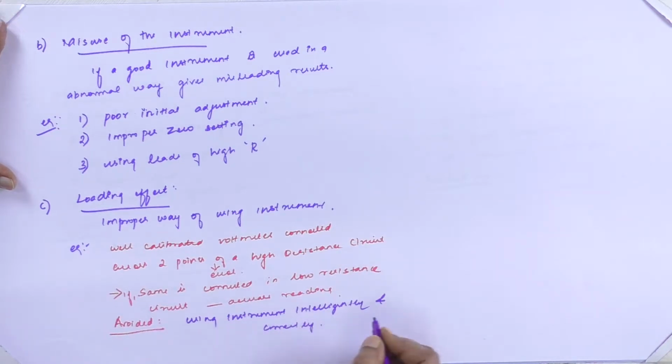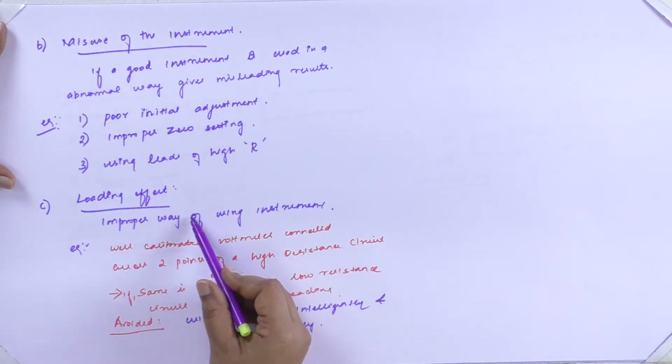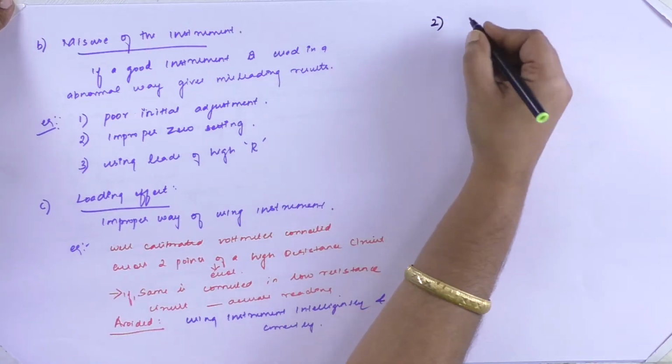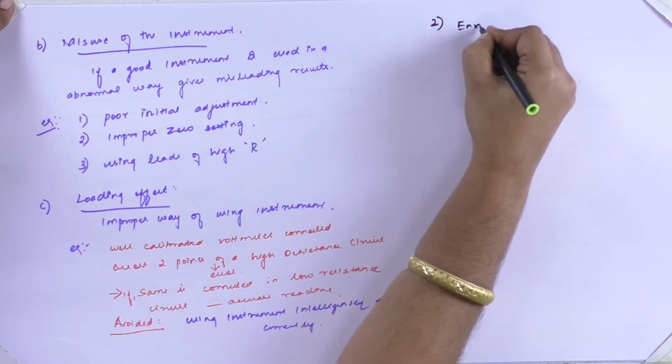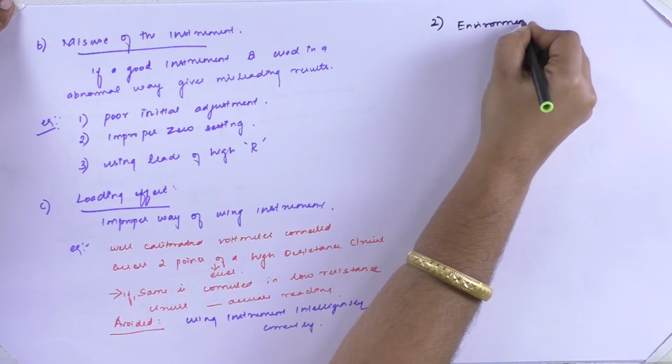By correctly using the instrument in a circuit, we can eliminate the error occurring due to loading effect. The second type of systematic error is the environmental error.